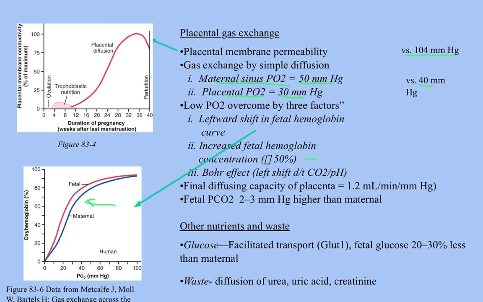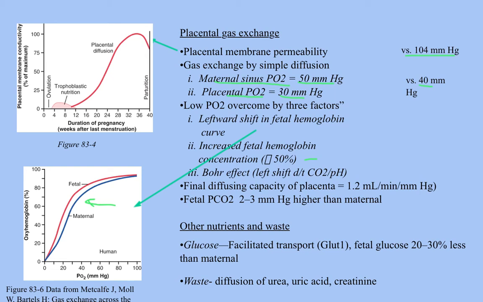And due to the amount of CO2 produced and therefore a decrease in pH, that will also help shift the curve to the left. All right, so giving baby a natural way to get more oxygen in low oxygen conditions.